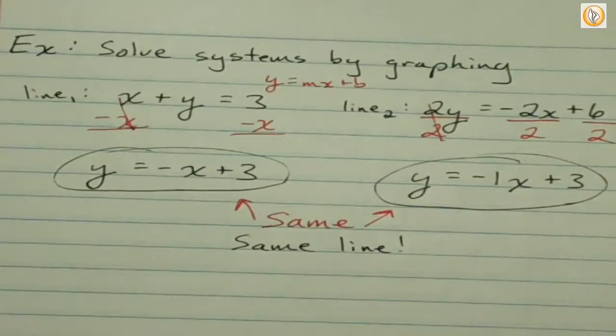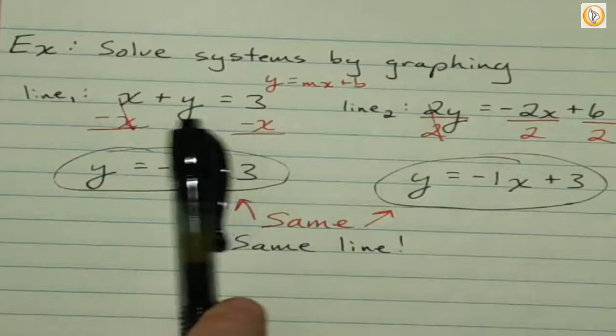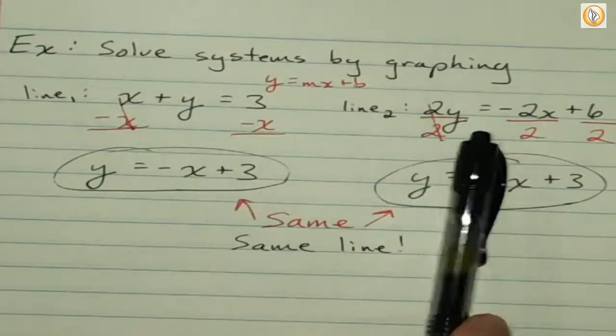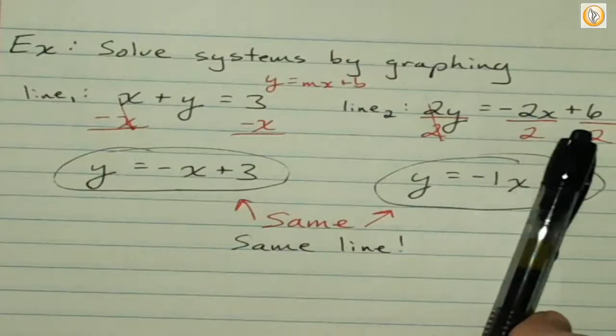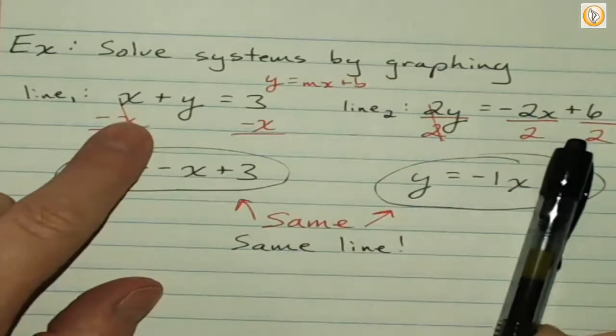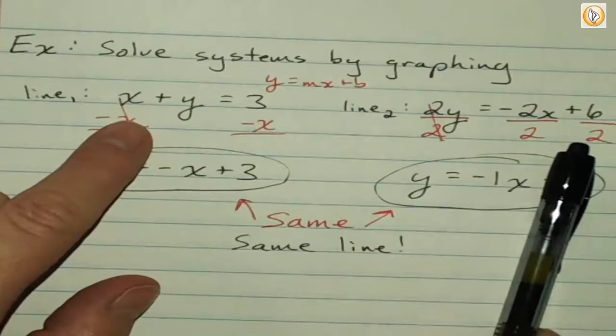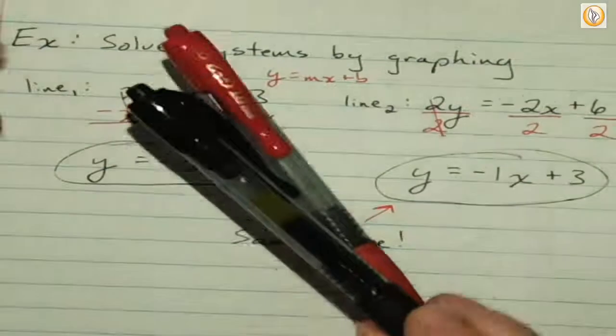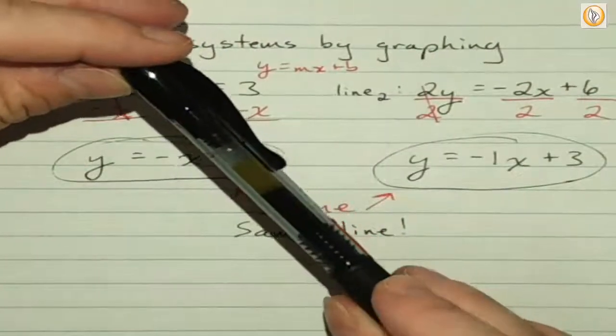No, that's where I'm going with this. So look at the original equations. x plus y equals 3 and 2y equals negative 2x plus 6. Who would have ever thought they're the exact same line? If I were to graph these two, they're the same line.